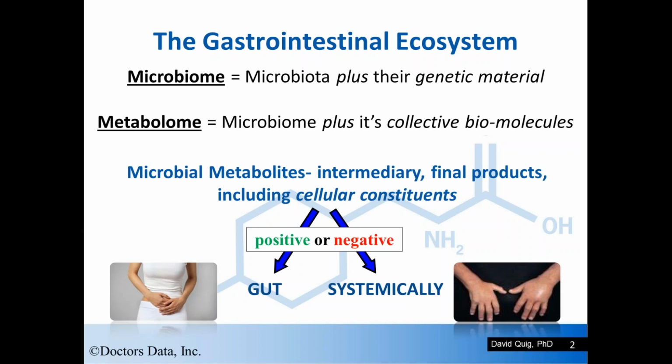These microbial metabolites consist of intermediary and final products, including cellular constituents, such as the lipopolysaccharide molecule that is very abundant in gram-negative bacteria. These intermediary final products and cellular constituents all can have either positive or negative effects on not only the gut, but also systemically, including the central nervous system.